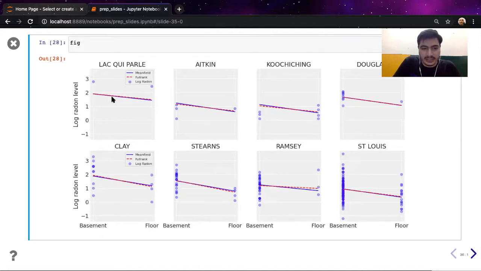So you can see these lines are approximating towards, or going close towards, the parameters of the population. If we have enough samples from a particular county or group, then we are more confident modeling them independently. If there are not enough samples, we go more towards the parameters of the population.